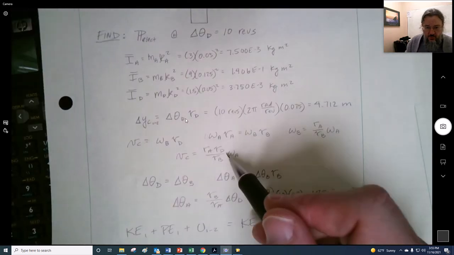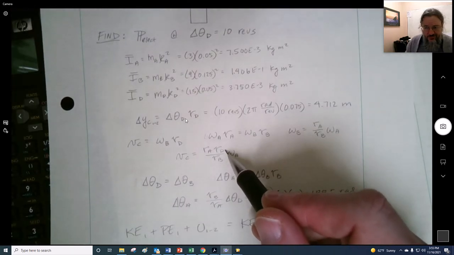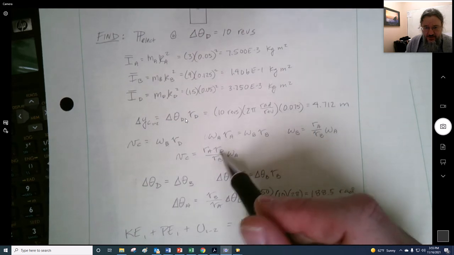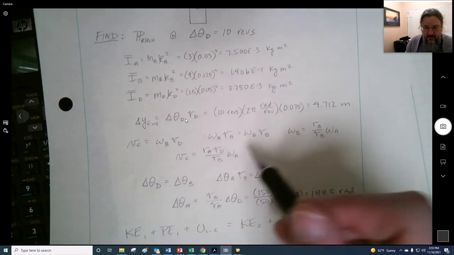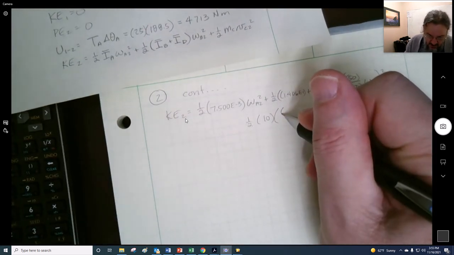Now, we have to be careful. This does need to be in millimeters right here, this RD, right? Because these might cancel out, but that one doesn't. That would have been a slippery slope, I'll tell you what.